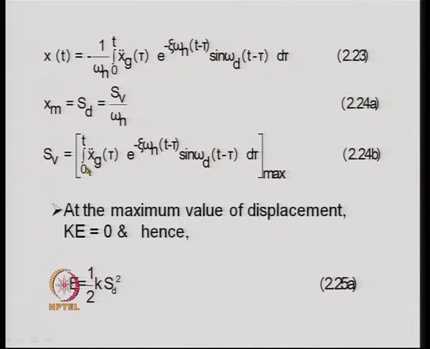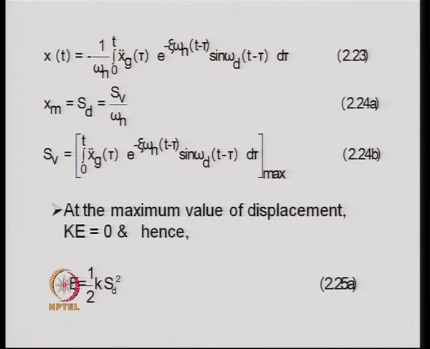That means, we perform this integration at every time t and take the maximum value of that to constitute the value of SV, and SV divided by omega n gives the value of the maximum displacement.